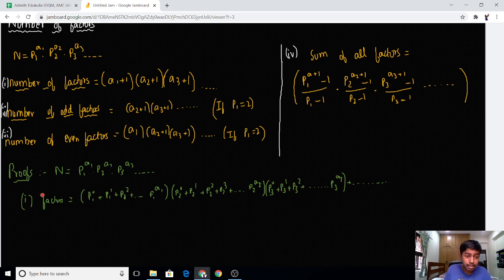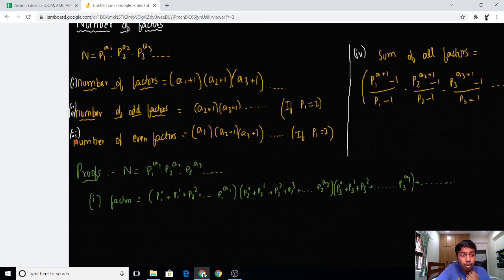When you multiply all of them, you get all the different possible factors. Like if you want the factor 1, you take p1 power 0, then p2 power 0, then p3 power 0, and so on. If you want the number n, take p1 power a1, p2 power a2, p3 power a3, and so on.